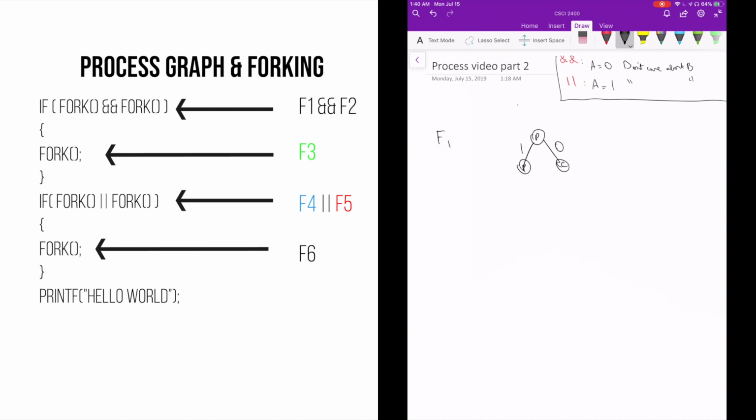But now we need to remember that when A is 0, we don't care about B. So this means that we only care about this side right now. We don't care about the right side. So for F2, which is the second fork, we are only going to fork this one.